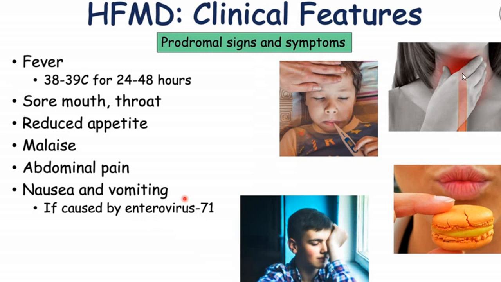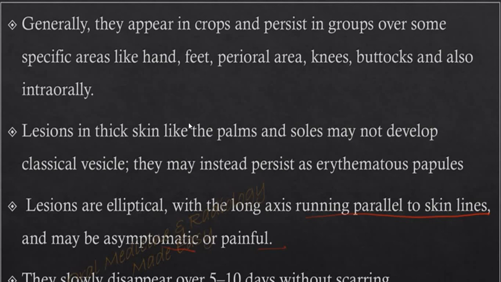The rash appears in crops and persists in a group, mainly over the palms, feet, and perioral area, and may be seen over the knees, buttocks, and inner oral cavity, oropharyngeal area.